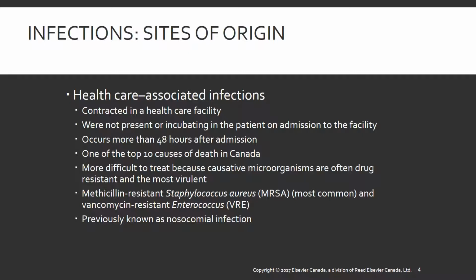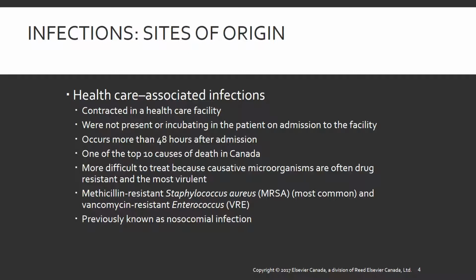More difficult to treat, mostly because by the time these infective microorganisms come to inhabit these hospital and healthcare facilities, they are quite virulent and resistant to many antimicrobials. It's just the nature of a high concentration of infective agents in places like hospitals and long-term care facilities.